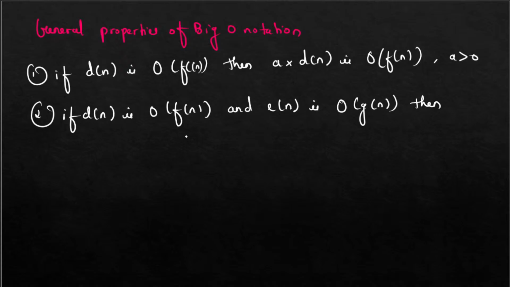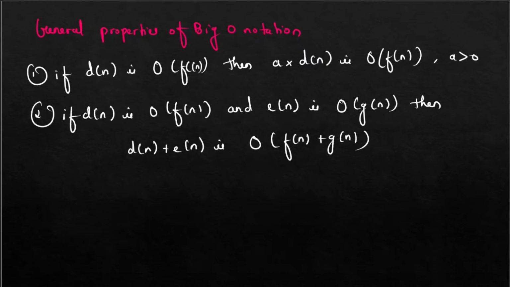then we can say that d of n plus e of n is big O of f of n plus g of n. Okay, so this is the case.